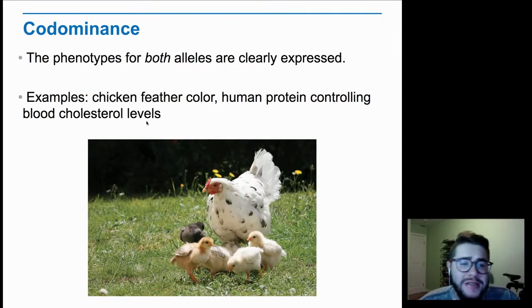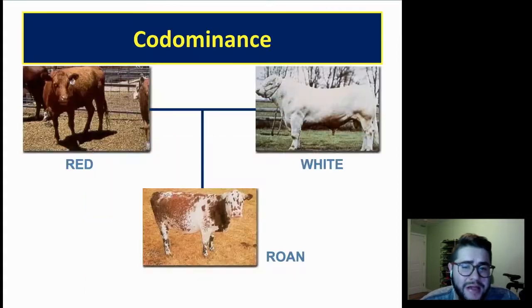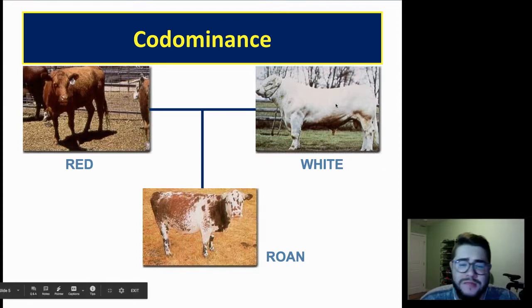That is different than our next example here, which is codominance. In codominance, both alleles are clearly expressed at the same time. Blood cholesterol levels and chicken feather colors are some of the main examples, but I like to use this example here with cows. So cows usually have two dominant colorations, a red coloring and a white coloring.